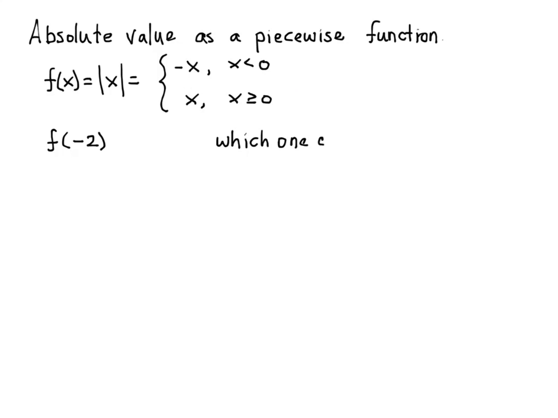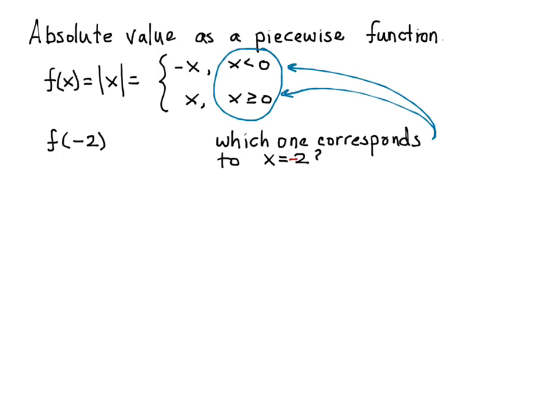Okay, so if we take f at -2, which one corresponds to -2? Well, x is less than 0, -2 is less than 0, so this is the definition of the function that we're using.